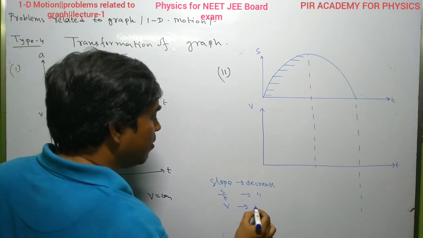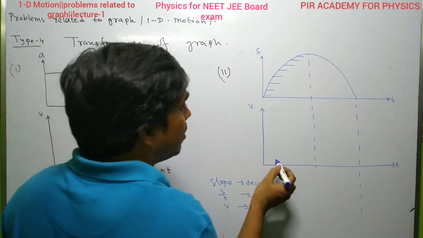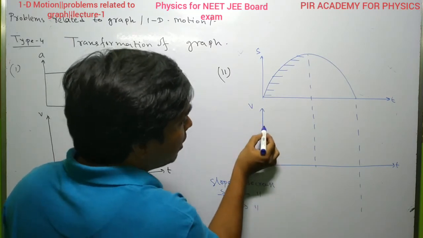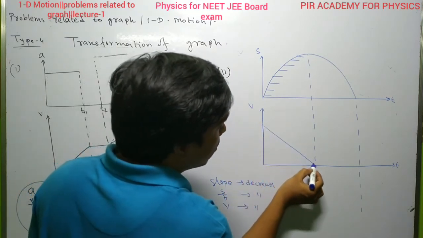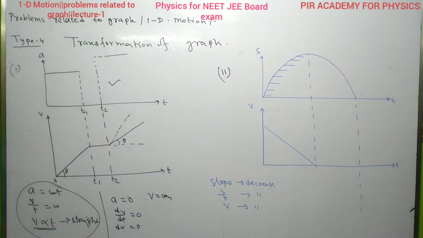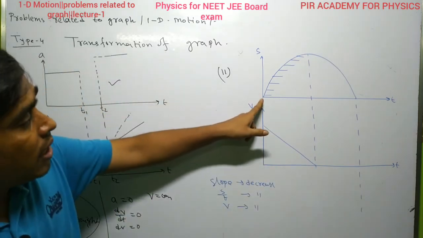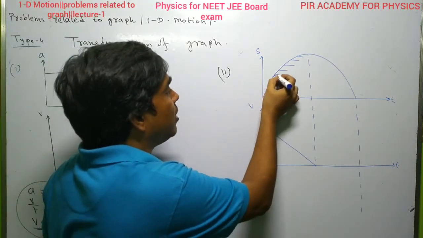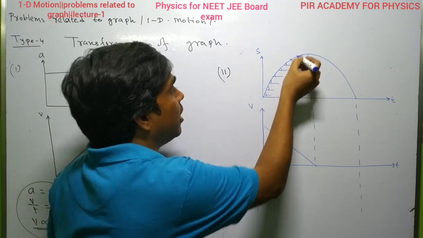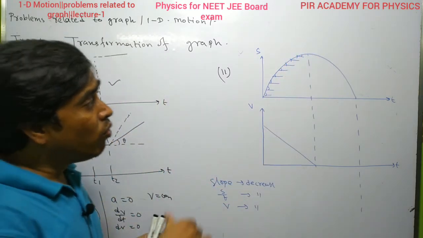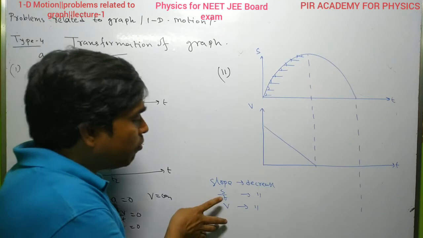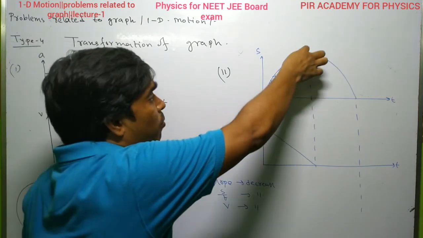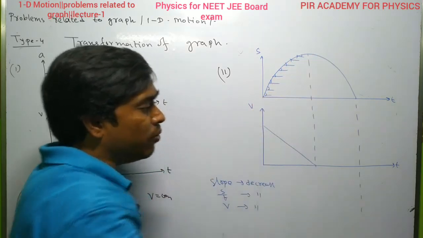If velocity is decreasing, it must be a negative slope, so it looks like this. Here is theta, and theta will be decreasing. That means slope is decreasing, so velocity will be decreasing. So at the highest point the velocity is 0.